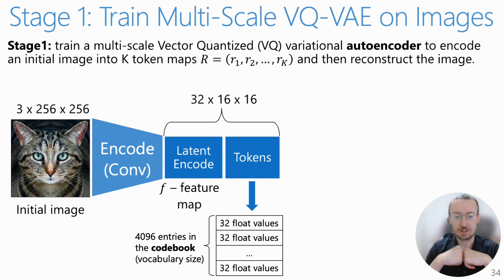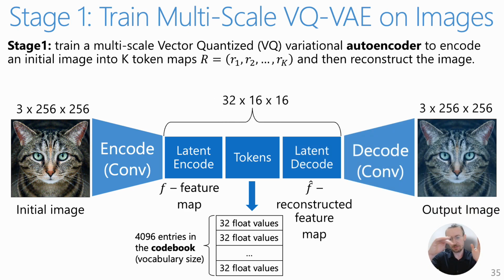Each entry in the codebook has 32 float values, and these float values basically represent a possible token for the image. So given this encoded latent, we quantize this latent into many such tokens.